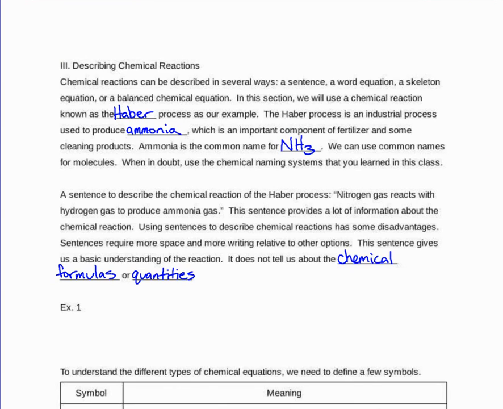Or if the recipe calls for a half teaspoon of salt, you're not going to put in a whole tablespoon. That's 6 times too much. It's not going to taste right. We have to have chemicals being added in the correct quantities. And that's going to be a big portion of this unit as we go along.